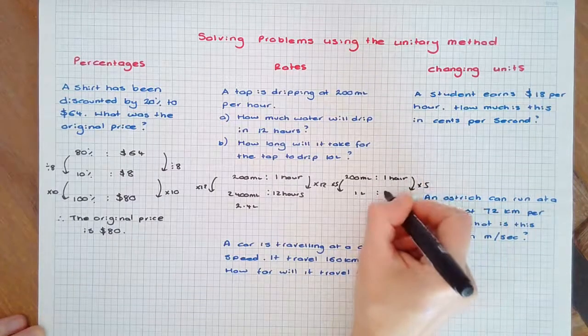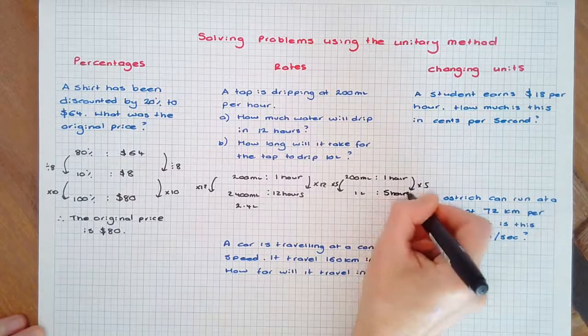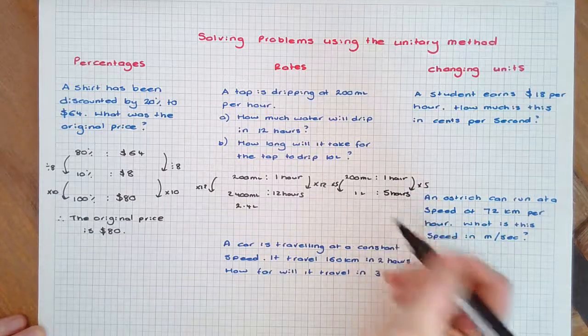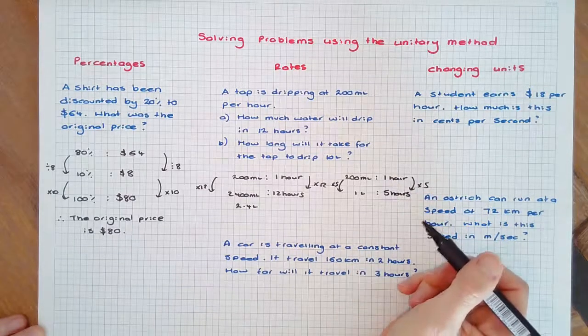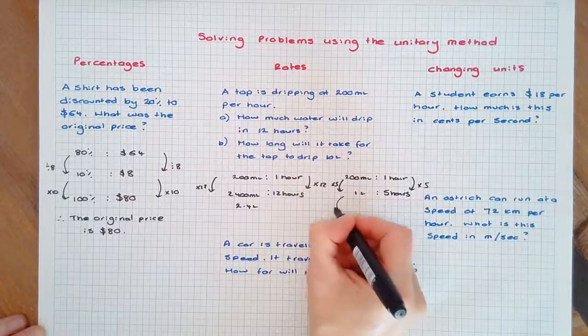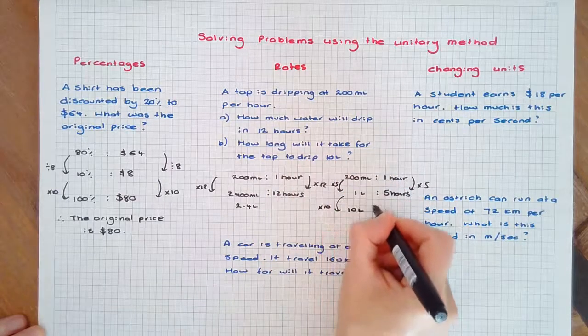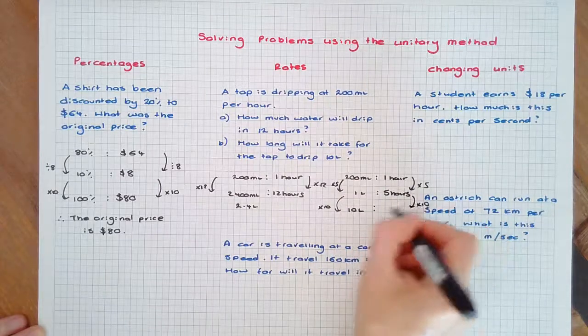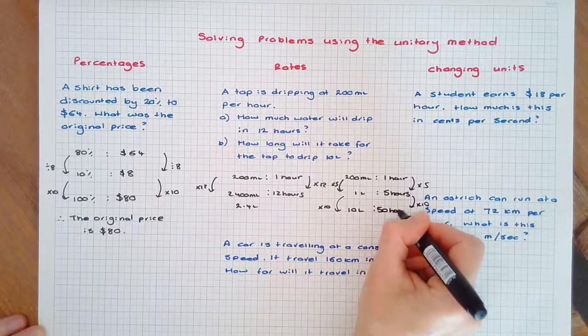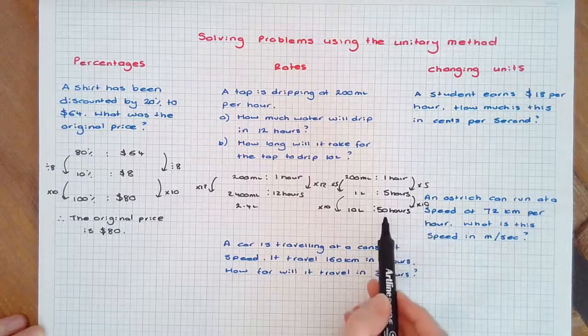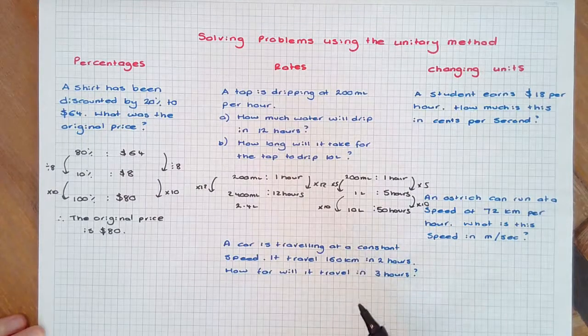So therefore 1 hour times 5 will be 5 hours. That is, in 5 hours it'll drip 1 litre. So multiplying 1 by 10 to get our 10 litres, 5 hours times 10 is 50 hours. Therefore, it will take 50 hours to drip 10 litres.